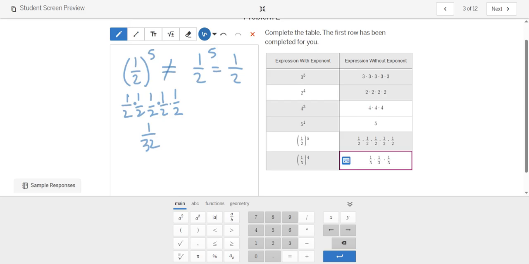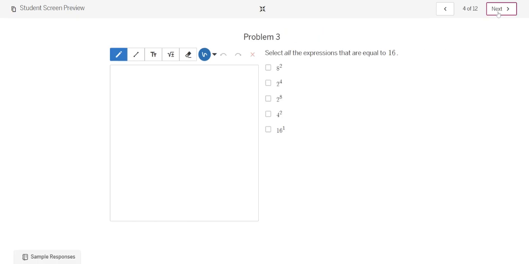Oh, wait, I missed one. And so 1/3. Hopefully that works. Okay, 8 squared is 8 times 8, which equals 64. So that's definitely not it.